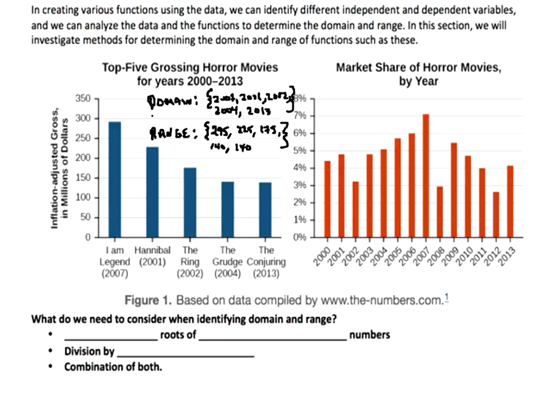Now, if we look at the market share of horror movies by year, notice we have no gaps between 2000 and 2013. So I can actually write this as an interval instead of as a set with separate dates. This particular domain starts at and includes the year 2000 and goes up through and includes the year 2013.